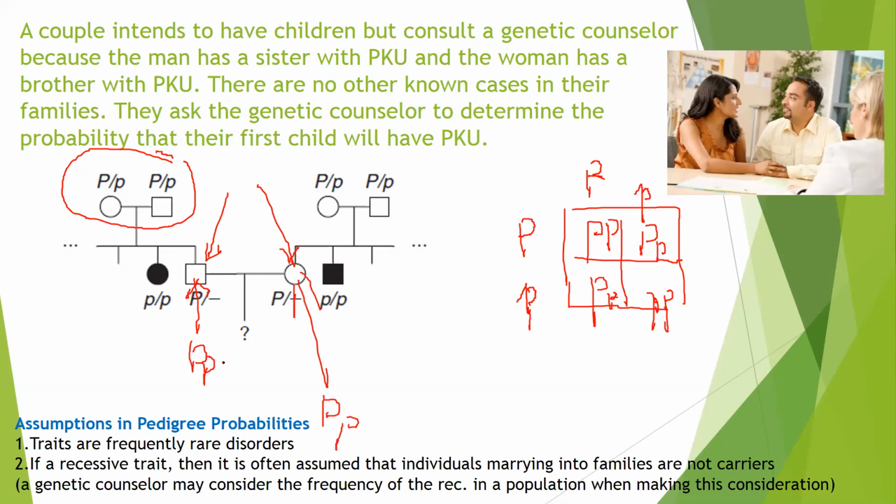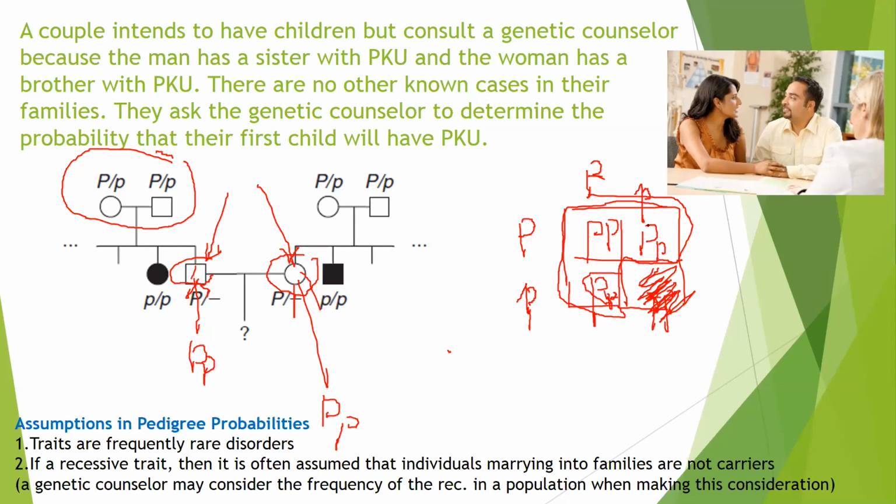The trick here is that this man and this woman are not affected by the disease. So from this monohybrid cross, we can eliminate the possibility that they are homozygous recessive. So they could be one of the three situations. Then the probability that this man is heterozygous is equal to what?